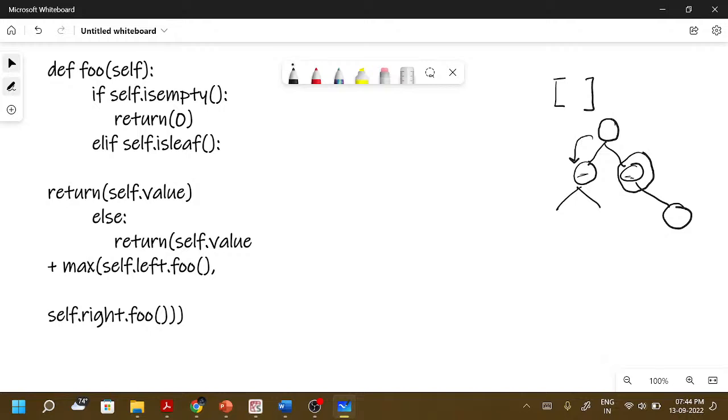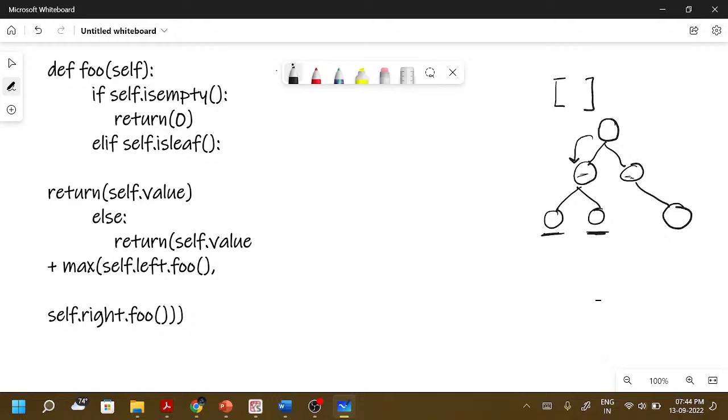Actually it will not choose now, it will choose later. Next it will call foo on the left, and again foo is called. If it is a leaf, then again it will return self.value. Sorry, this is not a leaf here. So again it will call and see whether this or this is more.